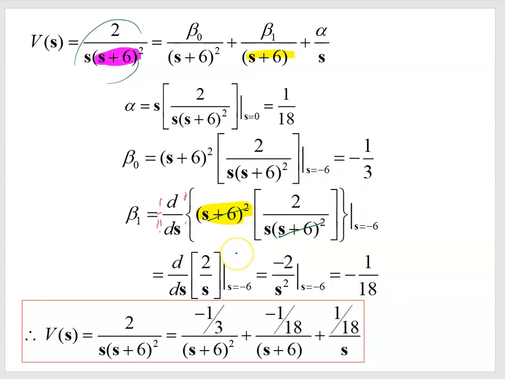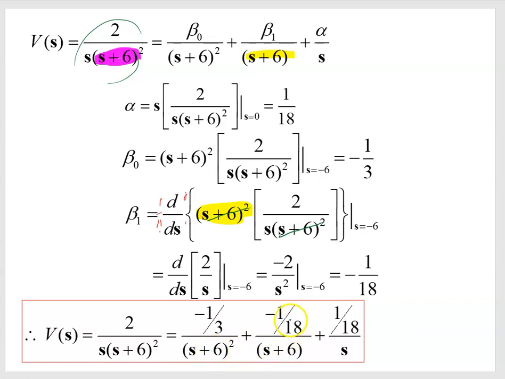So now we have beta naught, beta 1, and alpha, and we have our voltage function linearly separated, right? So we can use our Laplace transform table to take each of these inverse Laplace transforms. Here we have a ramp function multiplied by e to the negative 6t.